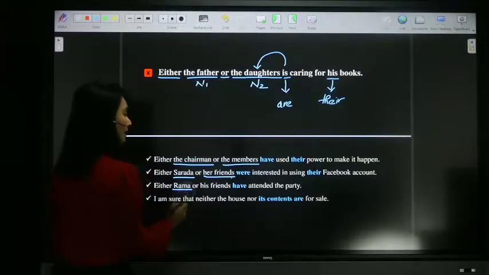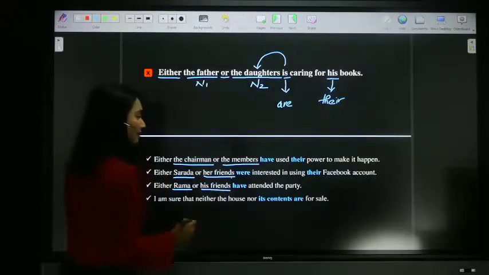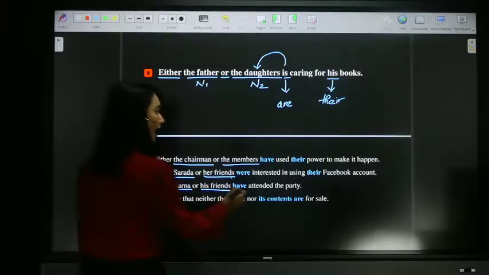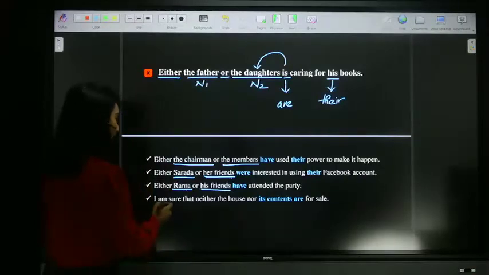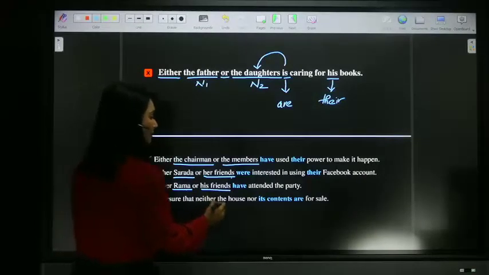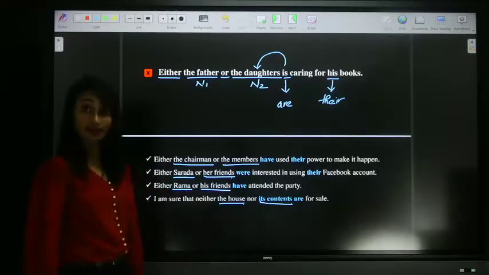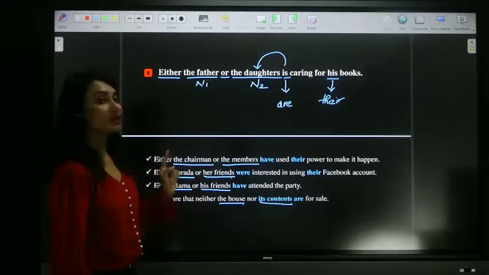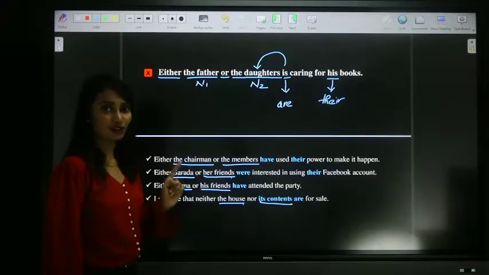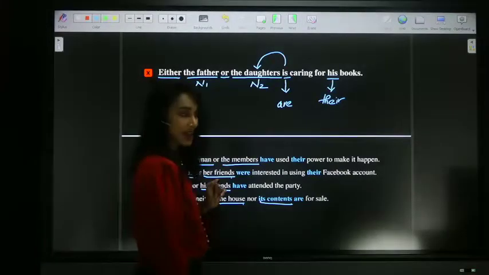Either Rama or his friends, singular, plural, have attended the party. I'm sure that neither the house nor its contents are for sale. So remember the principle of proximity and correlative conjunctions, and you can get the answer easily.